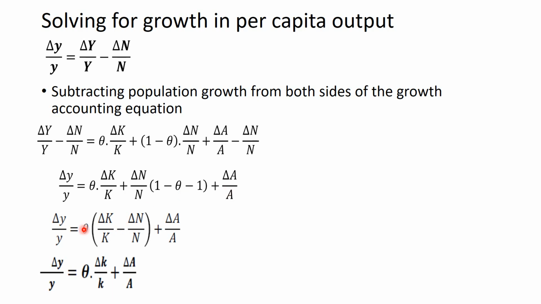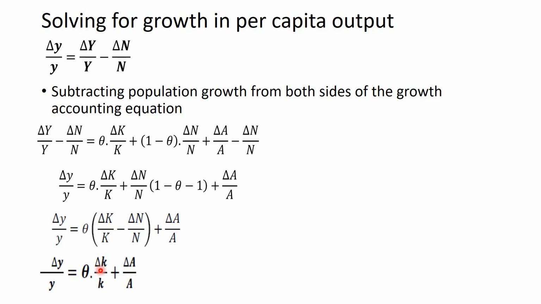Simplifying further, we have the per capita output growth rate is equal to theta multiplied by the growth in capital stock less the population growth rate plus the change in technology. And similarly to before, we had learned that taking the total capital stock growth less the growth in the population size, the answer to this expression is simply the growth in capital per person.